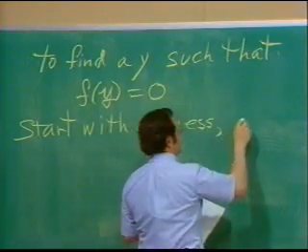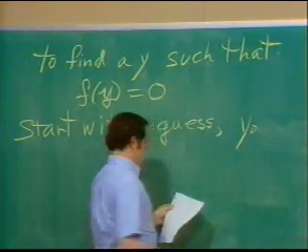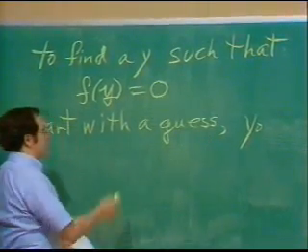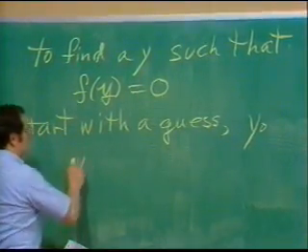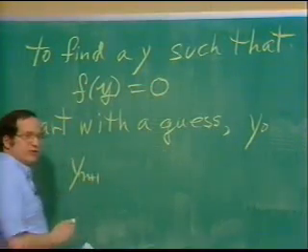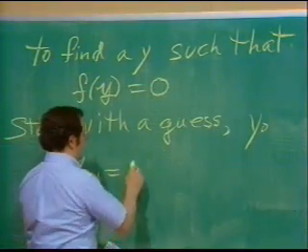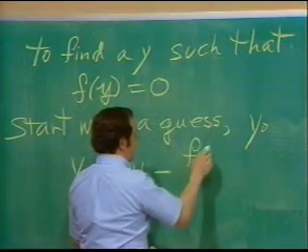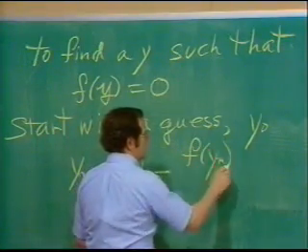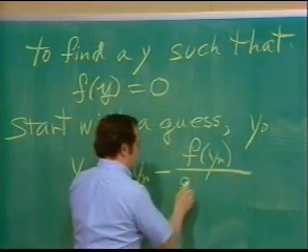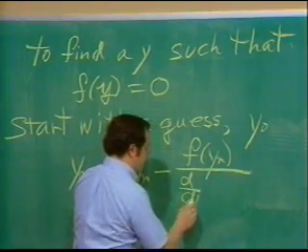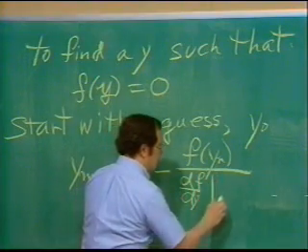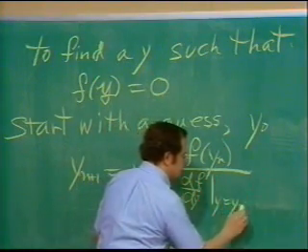And the guess we start with we'll call y0. And then we will iterate the following expression: y n plus 1, this is sort of a difference equation, is y n minus f of y n over the derivative with respect to y of f evaluated at y equal y n.